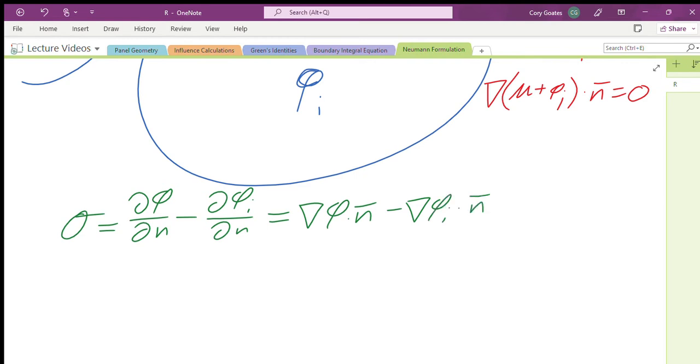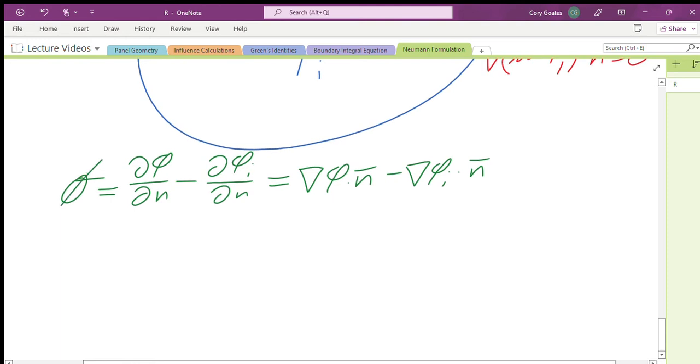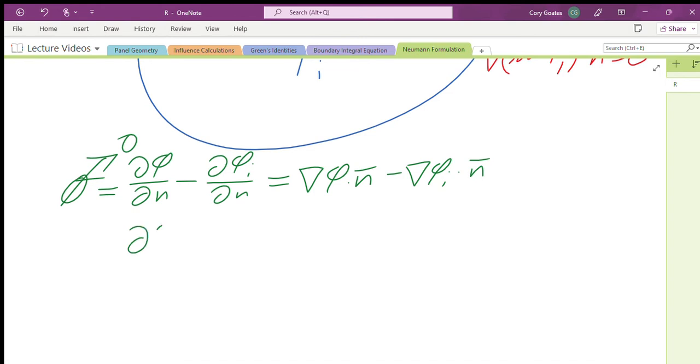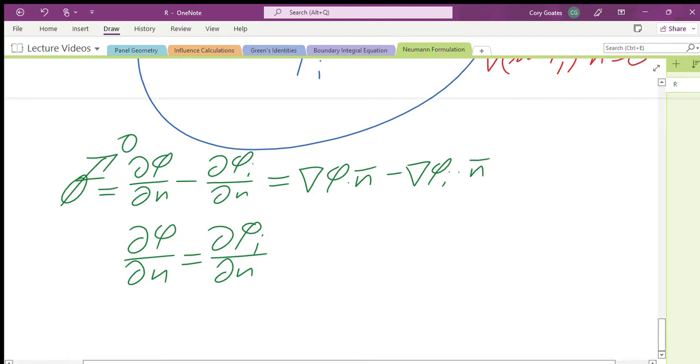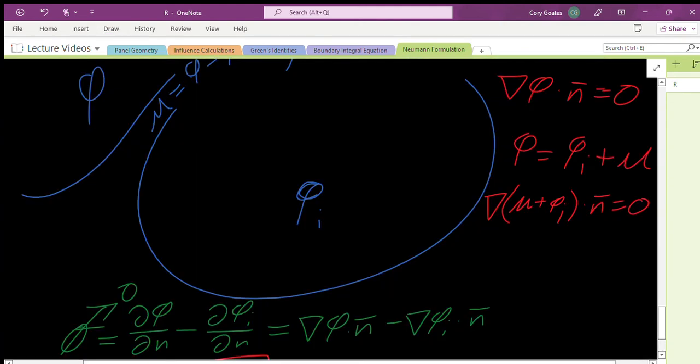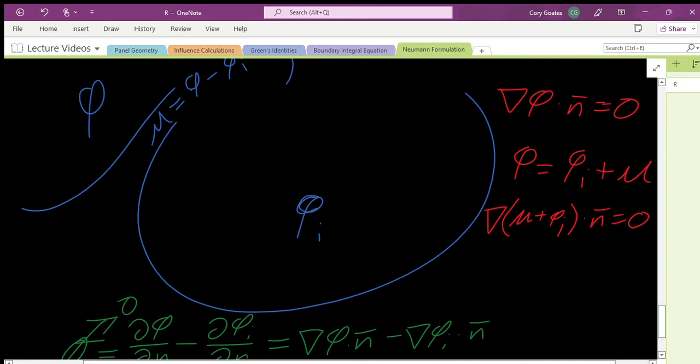Okay? Well, since we've said that we don't have sources, we want source strength to be 0, we then have that everywhere partial phi partial n is equal to partial phi sub I partial n. Okay? So because we've said that there aren't sources, we've now introduced this condition on the inner potential. And moreover, if you recall, we've set our boundary condition, grad phi dot n equals 0.